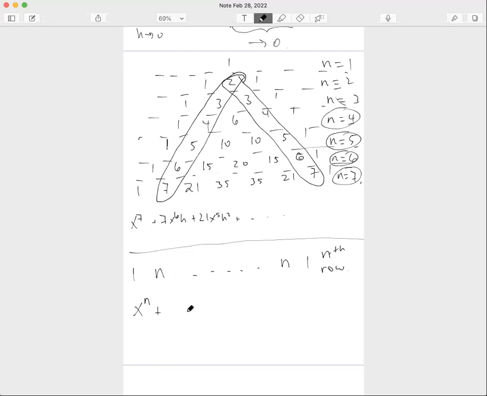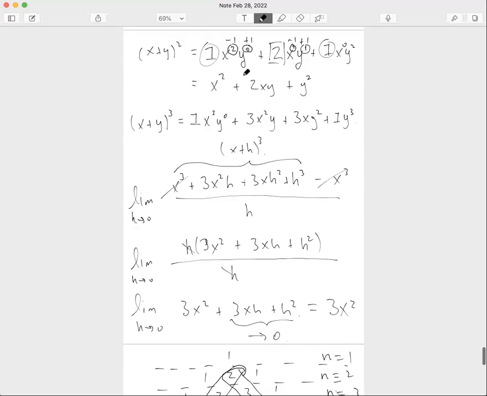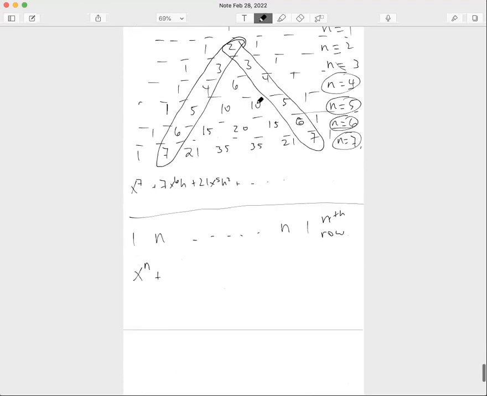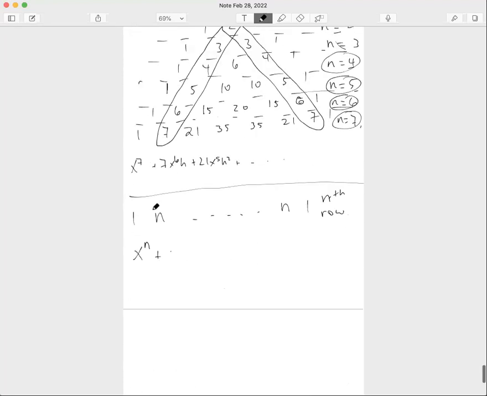Remember what I do? I subtract 1 from the power of x and I add 1 to the power of h. First of all, this is my coefficient, right? So I minus 1, and then I add 1 to the h power. See that?